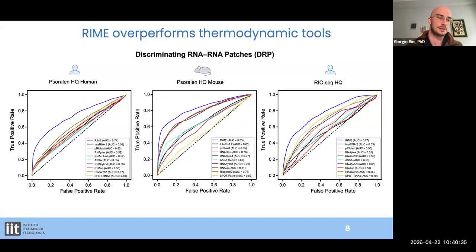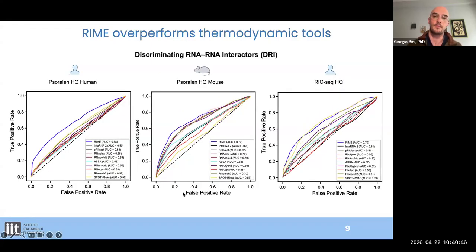And these results suggest that these embeddings can capture complex sequence patterns that are difficult to model with traditional thermodynamic-based tools. And here we can see the results of the discriminating RNA-RNA interactors task.